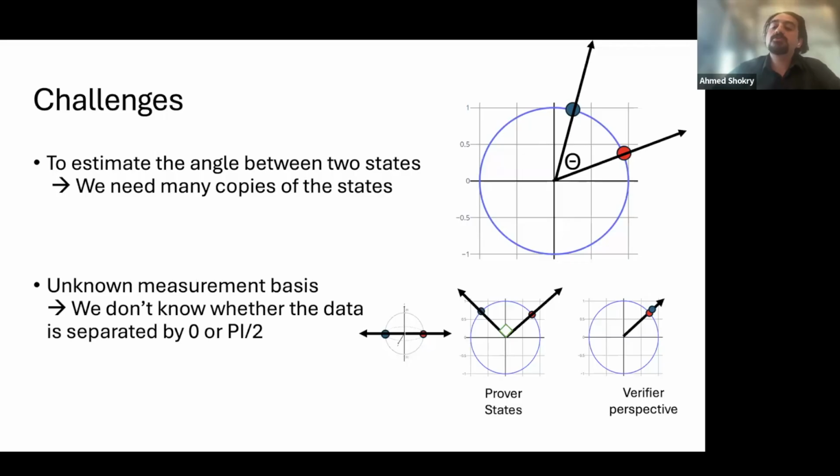If the verifier tries to measure any state from any group using the standard basis, the verifier would not know whether the angle between the two states is 0 or pi over 2. This is because the Hadamard basis and the standard basis are two mutually unbiased bases.